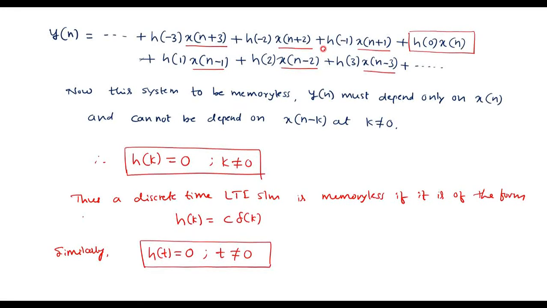Here we also observe that these future values of x of n are associated with k values less than 0, and past values of x of n are associated with k values greater than 1.